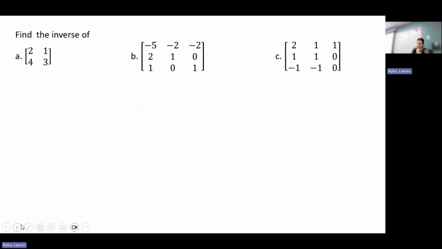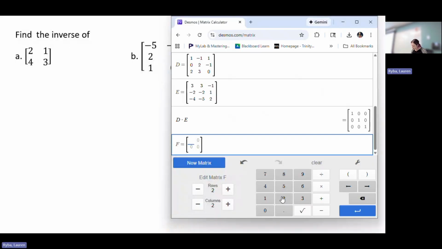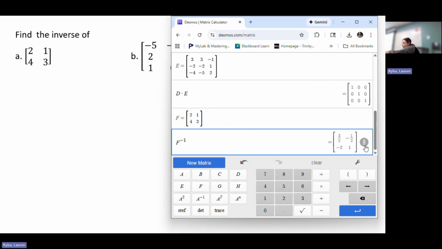All right. So we want to find the inverse of 2, 1, 4, 3. I'm going to enter my new matrix: 2, 1, 4, 3. I'm on matrix F, so I'm going to hit F and then inverse. I will always convert those into fractions.